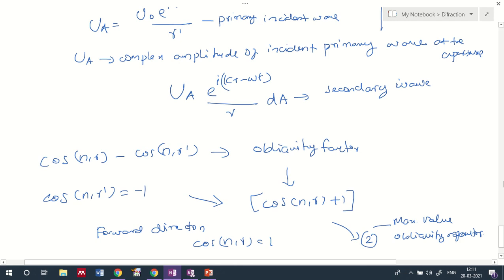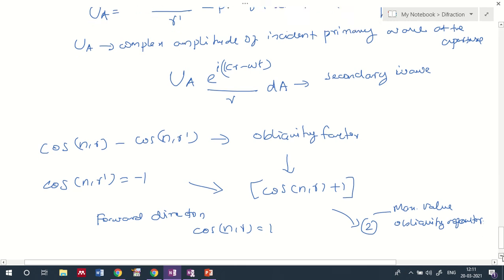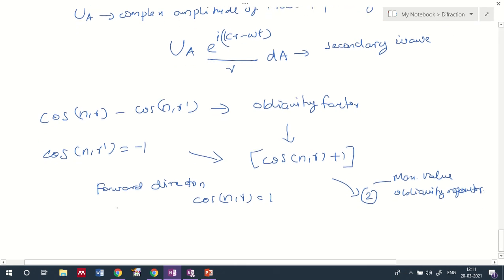Now if you consider the light moving in the backward direction, then we have cos n r equal to minus 1, and in that case the obliquity factor will be equal to 0.